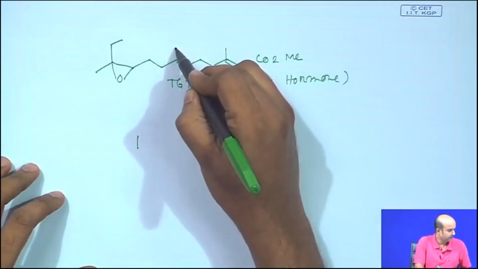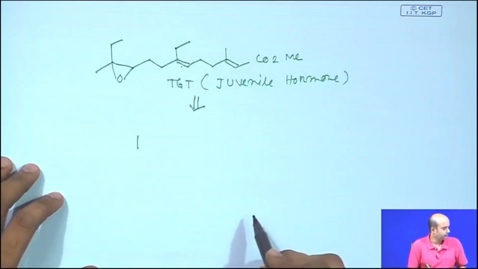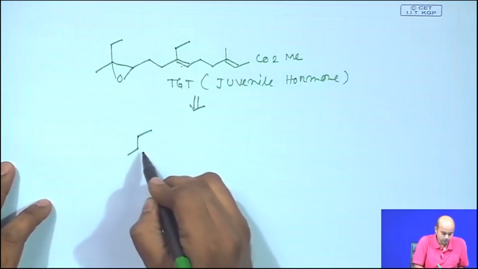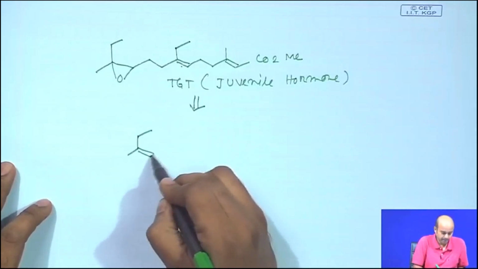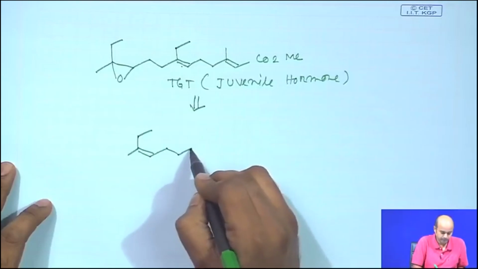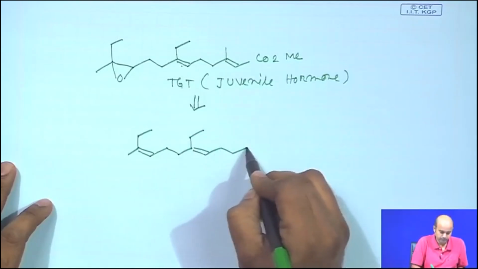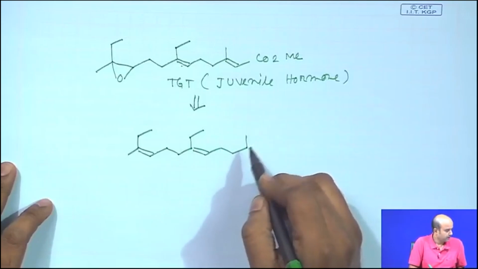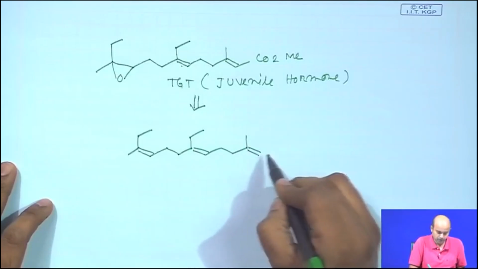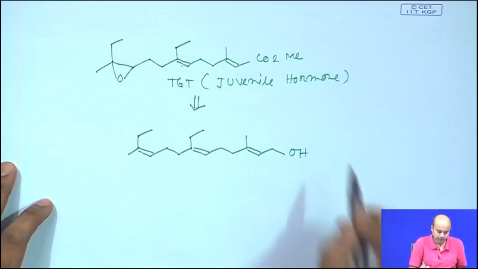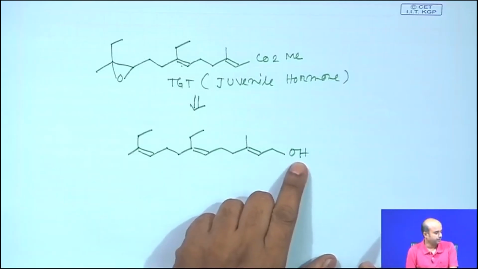You have an ethyl here, and another ethyl group there. So, we will try to do the retro, and we say this molecule can be accessed from this kind of compound.